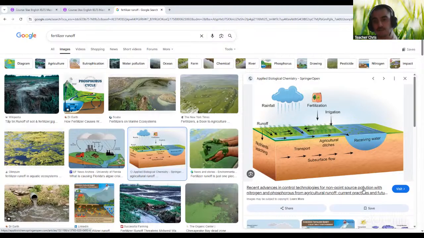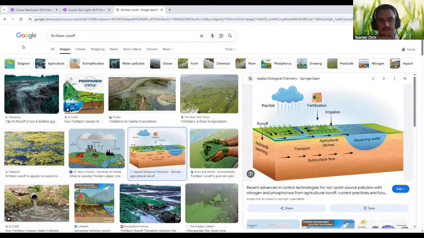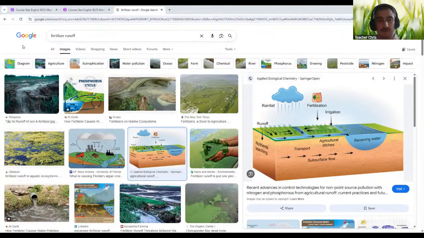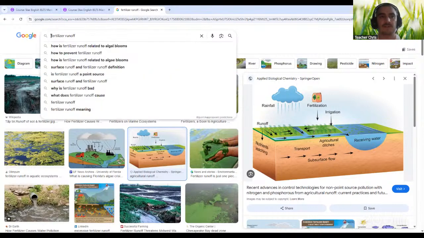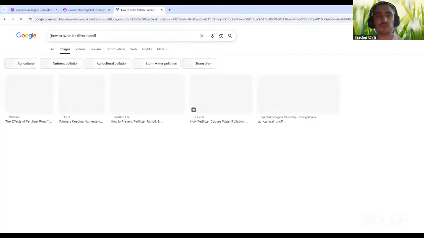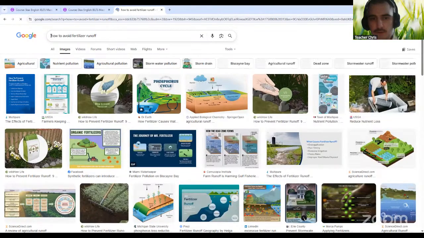Yes, you're absolutely right. So they will have roots that absorb the fertilizer. Trees that have deep roots to absorb the excess fertilizer. Absolutely. Very good. So you know your stuff here. So one way to avoid fertilizer runoff is to surround your farm with plants or trees that will absorb the fertilizer.